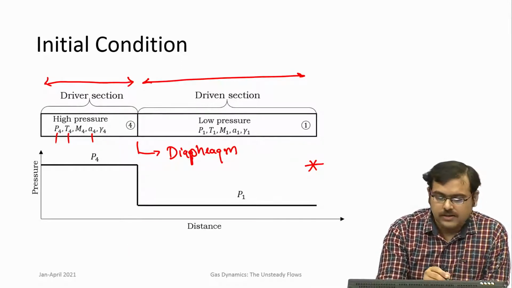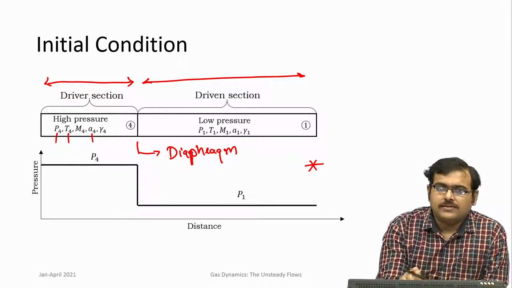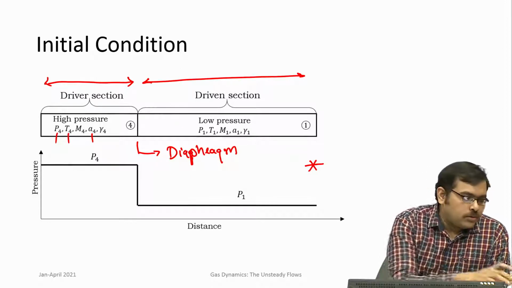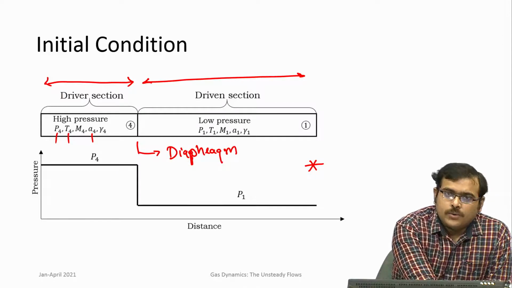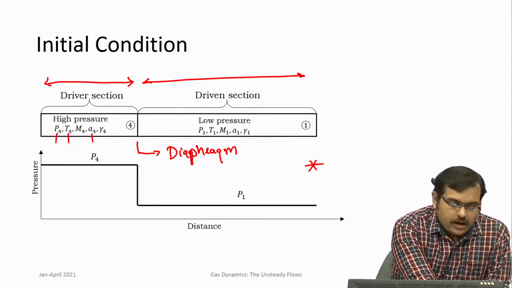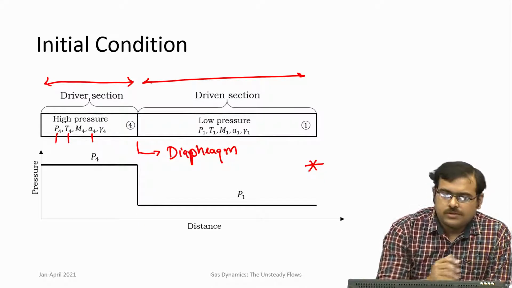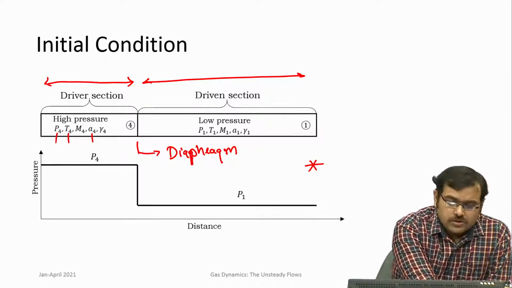The moment the diaphragm bursts, several things happen in the shock tube, and the flow then evolves from there. So, let us closely look at how the flow evolves the moment the diaphragm ruptures within the shock tube.